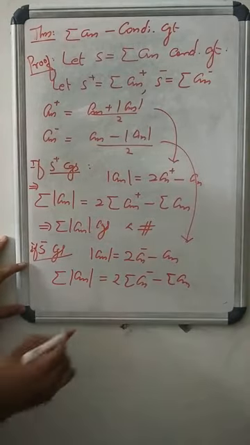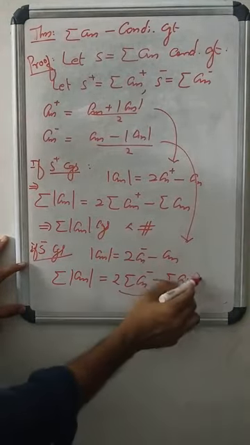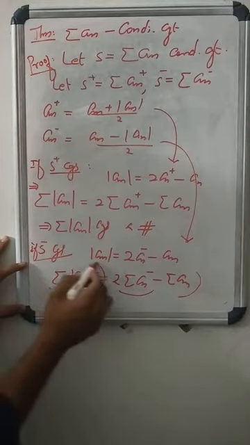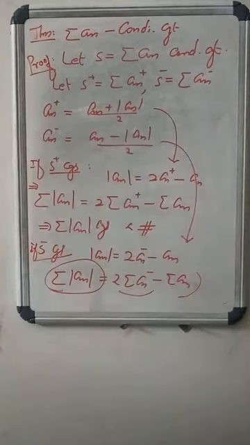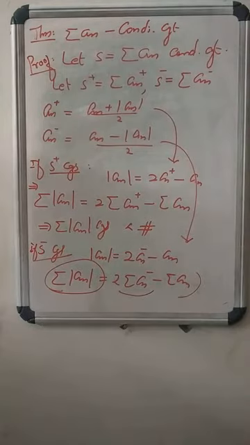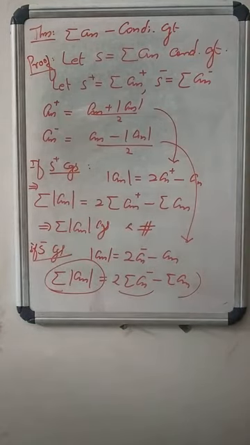By assumption, sigma an minus converges, and by hypothesis, sigma an converges. So sigma mod an converges, which is again a contradiction to the hypothesis. So the series of positive terms and the series of negative terms of a given conditionally convergent series diverge. Okay, right.